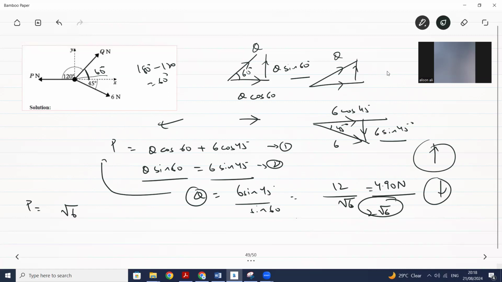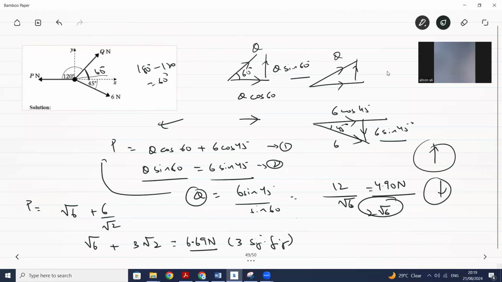Finally, P is equal to this, and in the form of surds, 3 root 2 plus root 6, the final value is coming 6.69 Newton. Don't forget to put the unit. And this is correct to 3 significant figures.